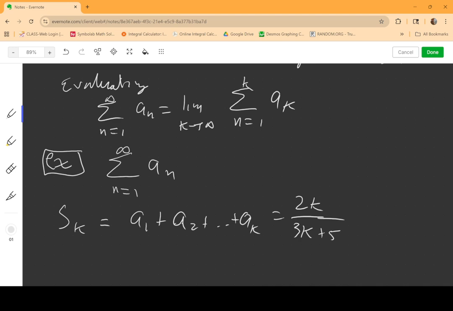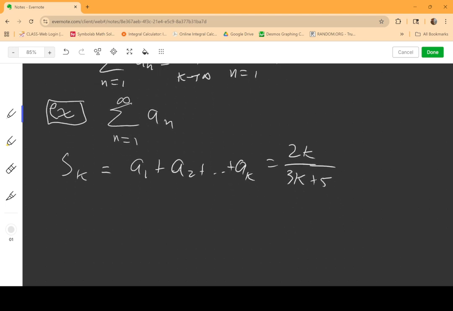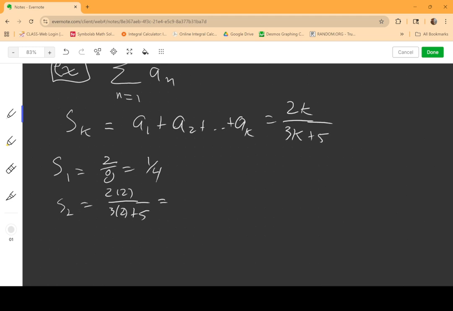So I know the formula for the kth partial sum. If I want to find the first partial sum, that would just be plugging in 1 for k. So that would be 2/8 or 1/4. For the second, that would be 2 times 2 over 3 times 2 plus 5, so here we get 4/11.